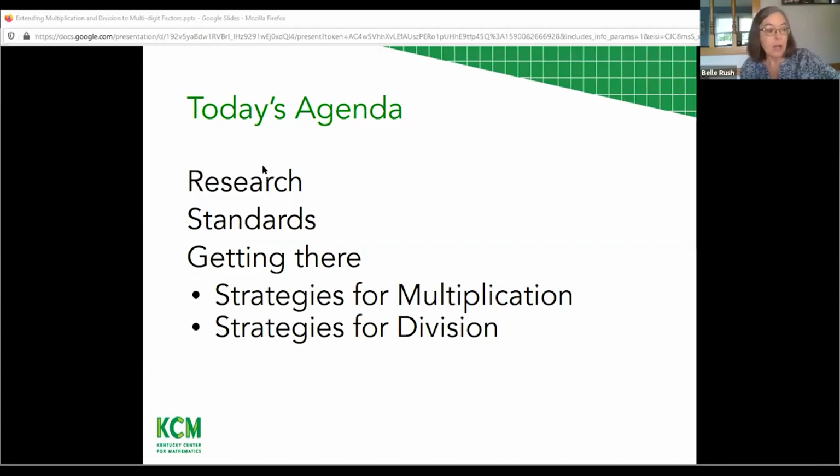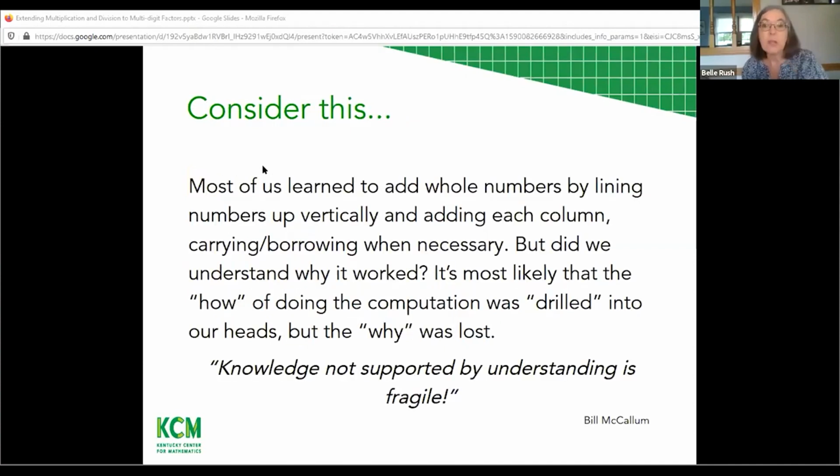All right, I want you to think about this statement. Most of us learn to add, subtract, multiply, and divide whole numbers by lining up the numbers vertically and adding each column where we carry, borrow when necessary. But did we understand why it worked? Probably not. Most likely that how of doing the computation was drilled into our heads, but the why was lost.